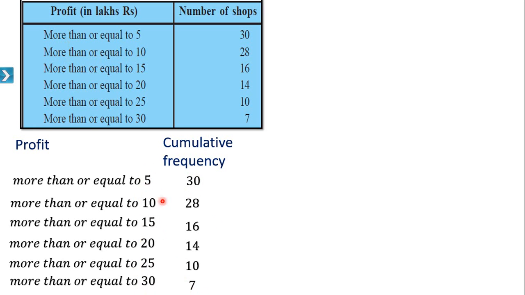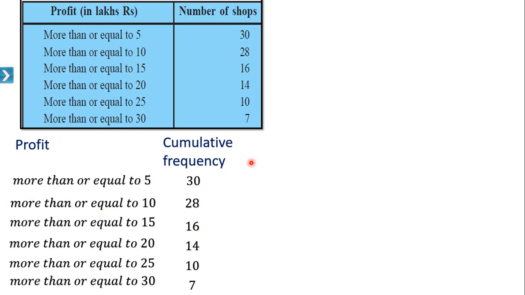These are the lower limits. When more than is given, these are the lower limits. When less than is given, this will be the upper limits. 5, 10, 15, 20, 25, 30 are the lower limits. 30, 28, 16, 14, 10, 7 are the corresponding cumulative frequencies.